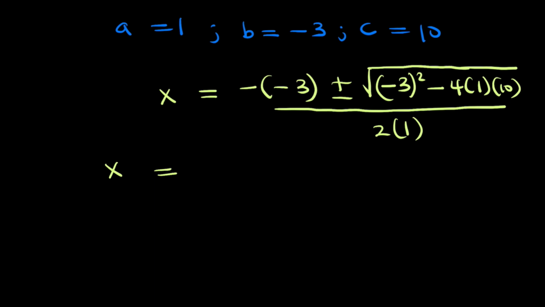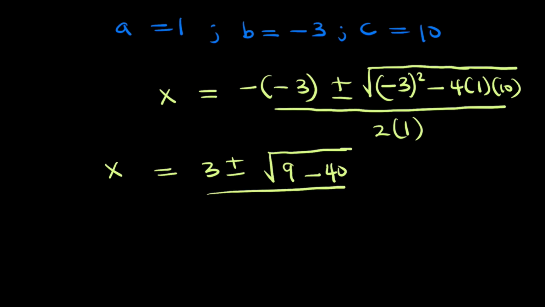X is equal to, this is 3 plus or minus the square root of, this is 9, then minus 40, then divided by 2, which will give us 3 plus or minus the square root of -31 over 2.